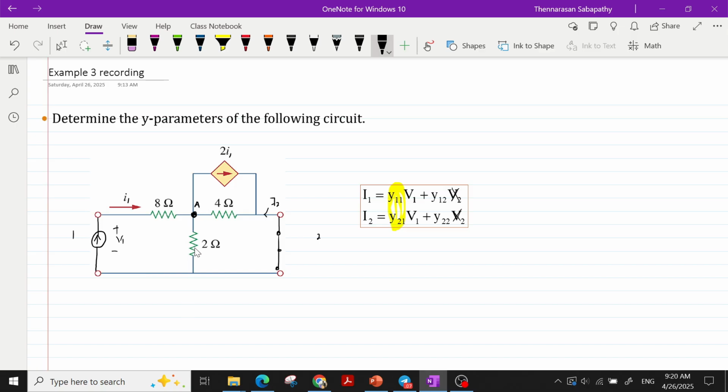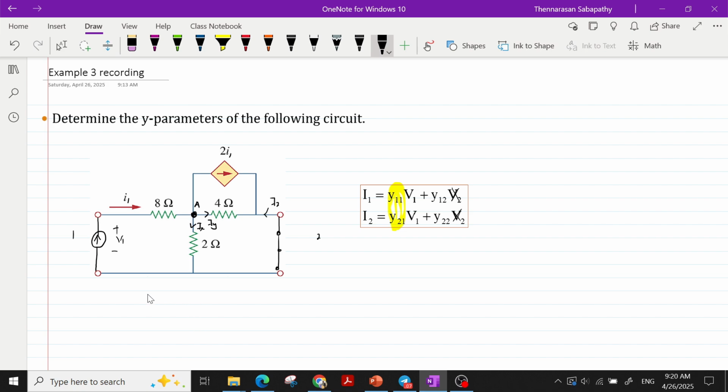In nodal analysis, the current entering the node equals the current coming out of the node. Let's say I label these currents Ix and Iy. These are going out of the node, and this one is coming into the node.